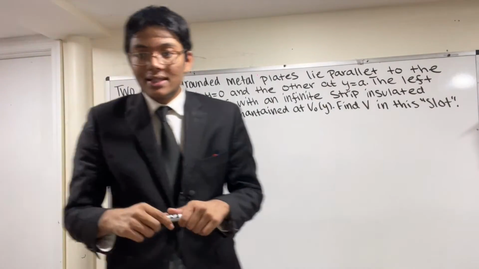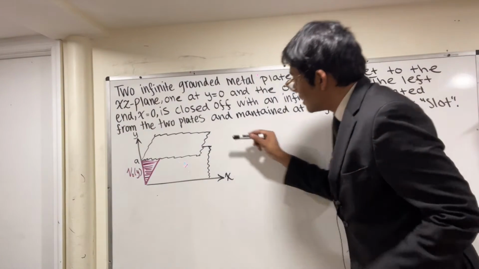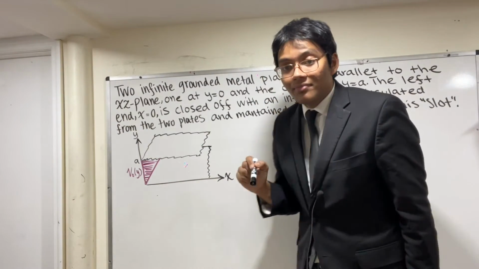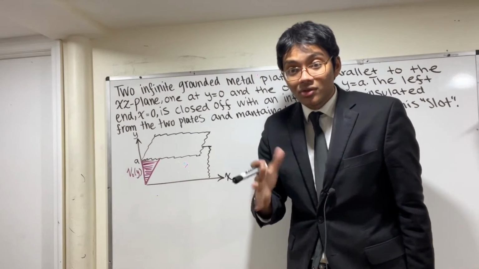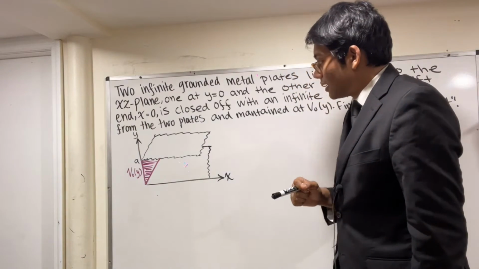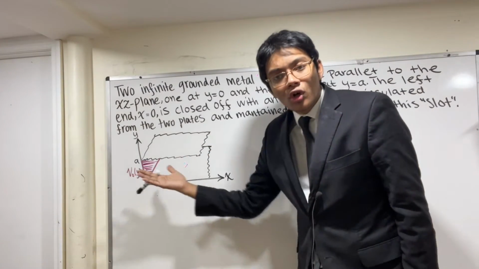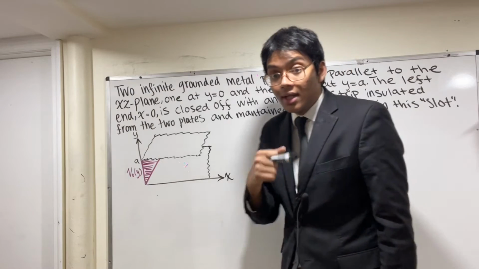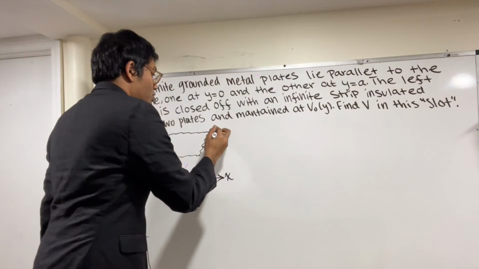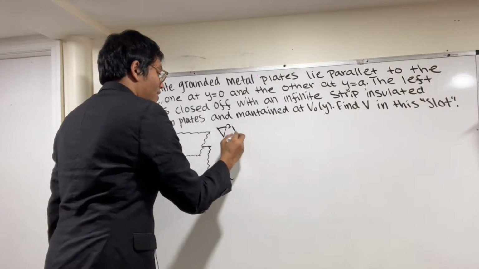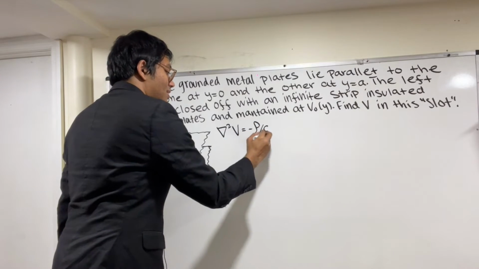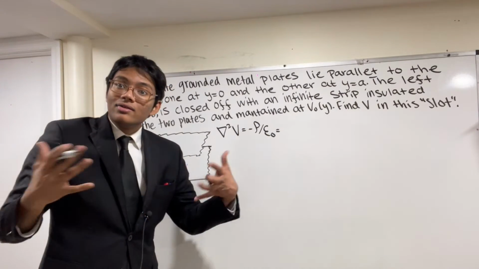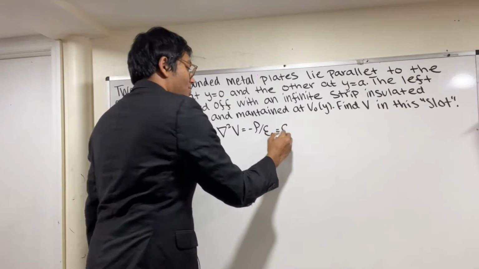Okay, let's take stock. What do we have? We've got two infinite grounded metal plates. They're metal, so they're conductors, right? Is there any charge in this slot? No. Let's write Poisson's equation. Poisson told us that nabla squared V is the volume charge density over epsilon naught. There is no volume charge density, hence this is equal to 0.